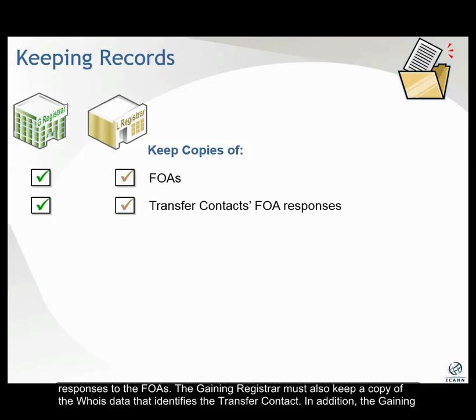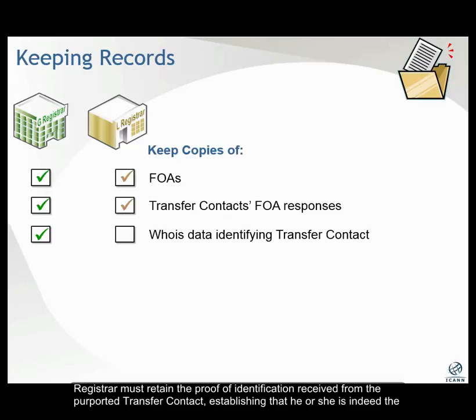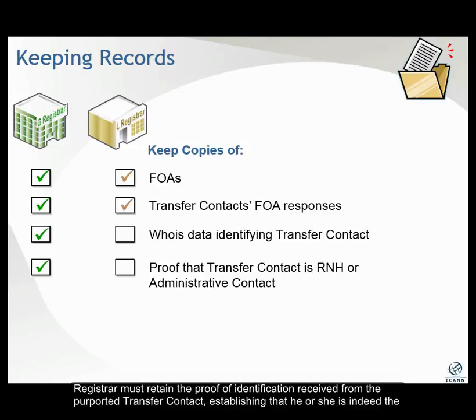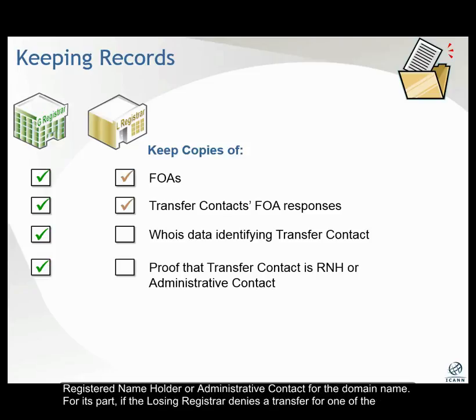The gaining registrar must also keep a copy of the Whois data that identifies the transfer contact. In addition, the gaining registrar must retain the proof of identification received from the purported transfer contact, establishing that he or she is indeed the registered name holder or administrative contact for the domain name.